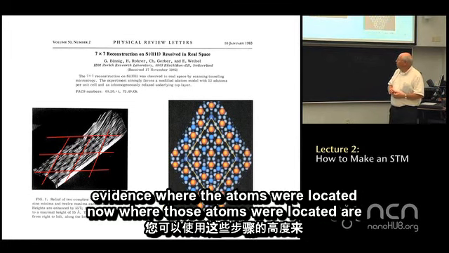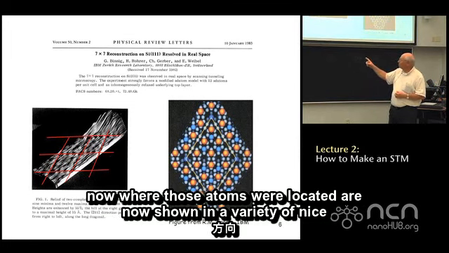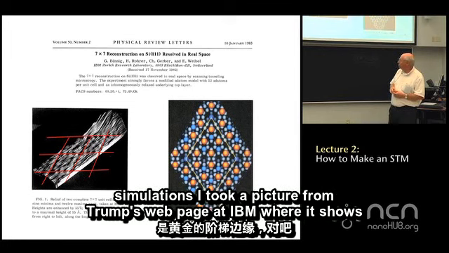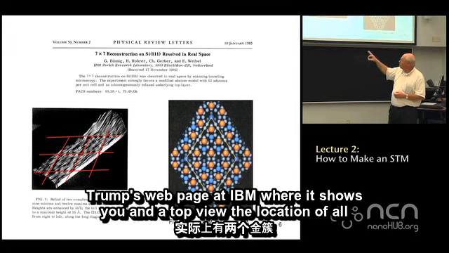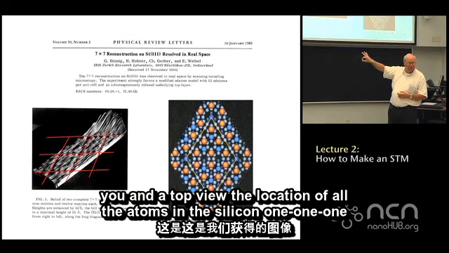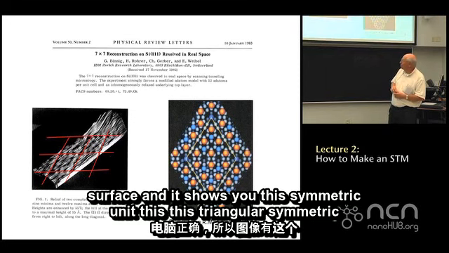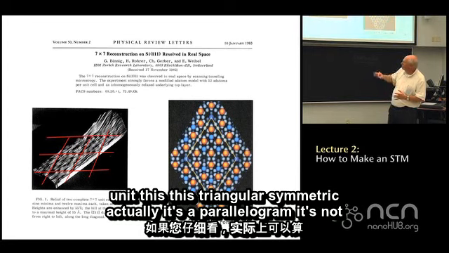Now, where those atoms were located are now shown in a variety of nice simulations. I took a picture from Trump's webpage at IBM where it shows you in a top view the location of all the atoms in the silicon 111 surface. And it shows you this symmetric unit, this triangular symmetric, actually it's a parallelogram.